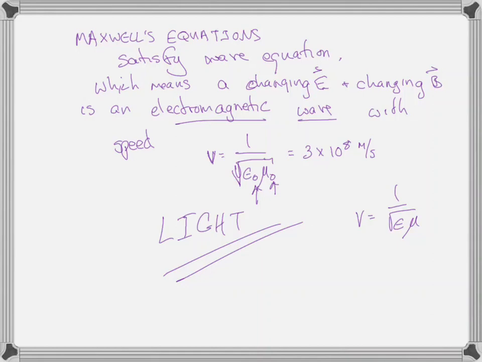And that would be something less than 3 times 10 to the 8th meters per second, because 3 times 10 to the 8th meters per second, we know from Einstein, is a speed limit. Nothing can go faster than that. That fact is not obvious from Maxwell, but it's Einstein's conclusion that nothing can go faster than the speed of light, and that's one of the keys of special and general relativity.